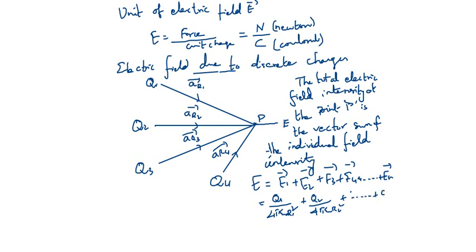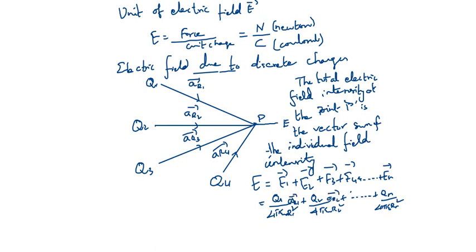Here it is multiplied by the unit vector AR1 vector, here AR2 vector, and here ARn vector.